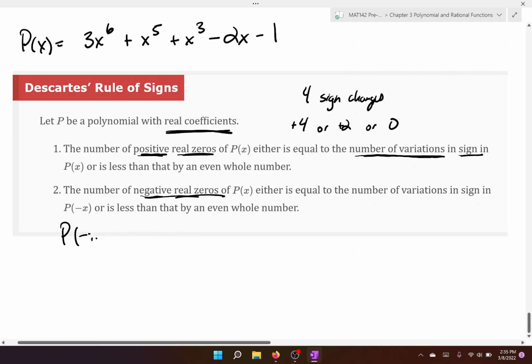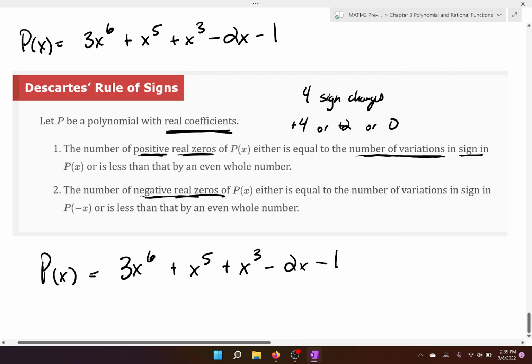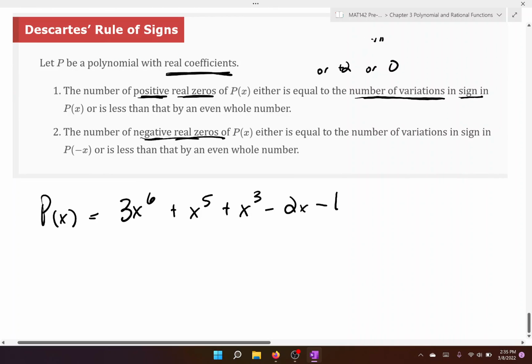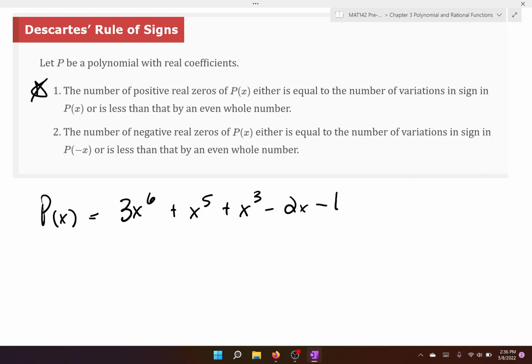All right? So like I said, I'm going to take this polynomial above. So this is going to be p of x equals 3x to the 6th plus x to the 5th plus x to the 3rd minus 2x minus 1. Now let me get rid of all this stuff here because I want to make sure that we can see everything nice and neat. So we leave everything the exact same. All we're looking for is, from term to term, sign changes.